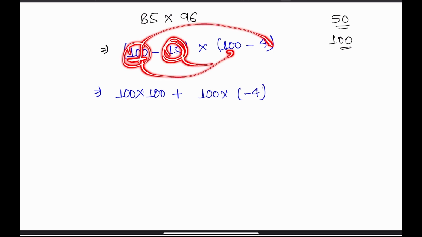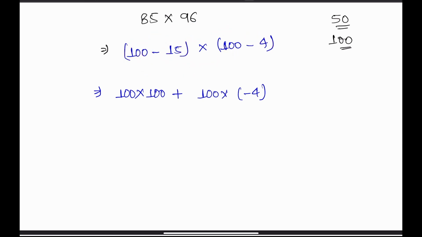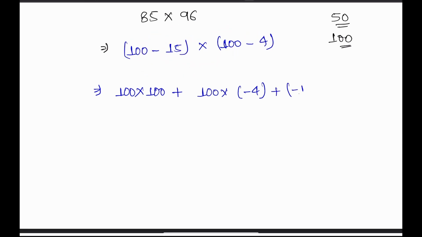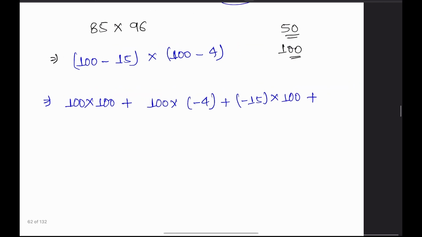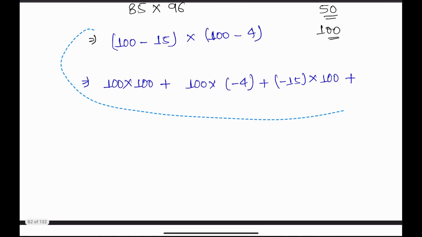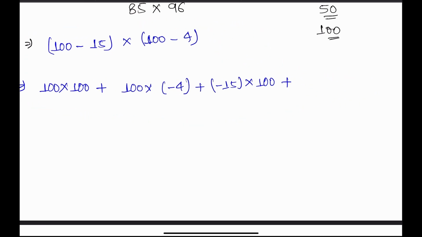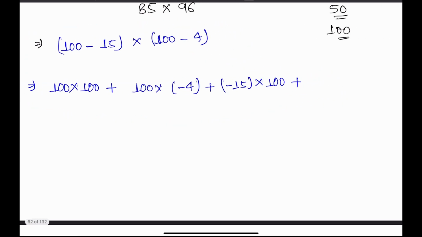Now next I will multiply this with this one. So again plus minus of 15 multiplied with 100, plus minus of 15 into minus of 4.